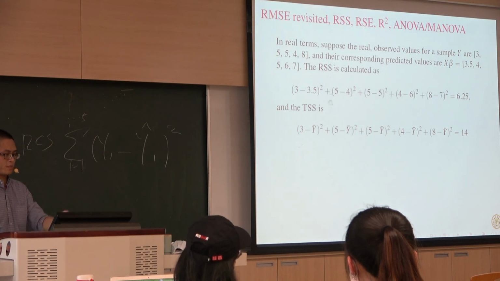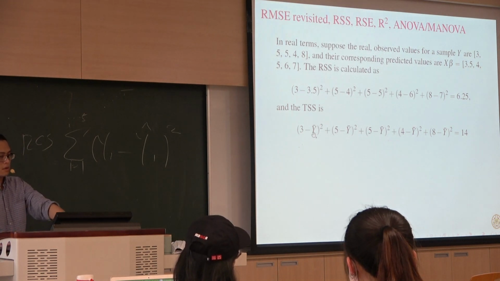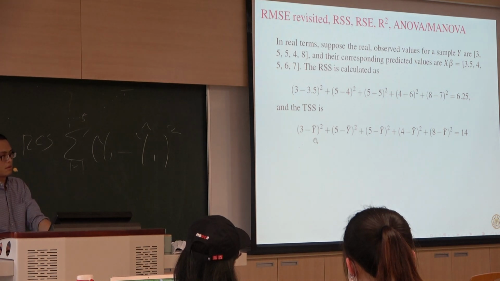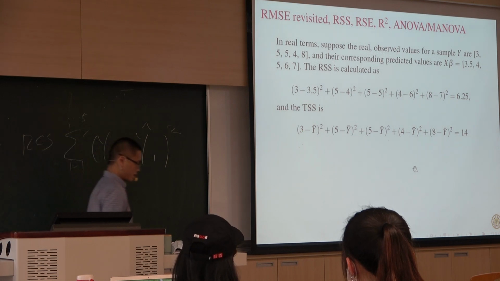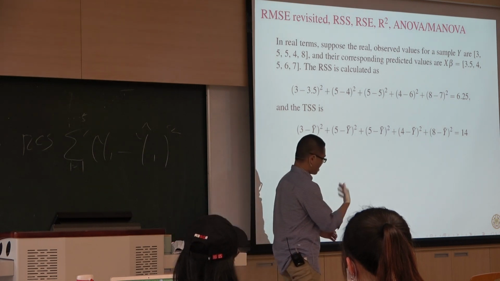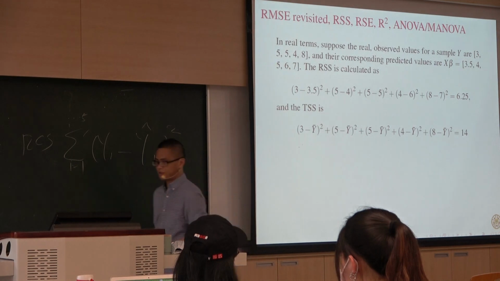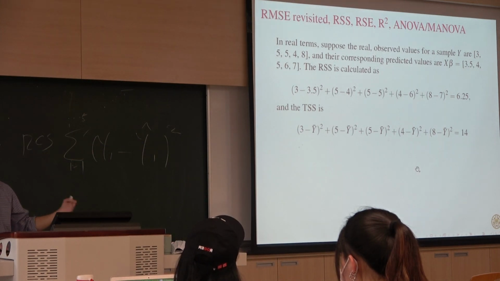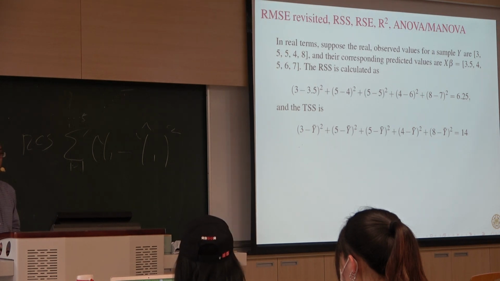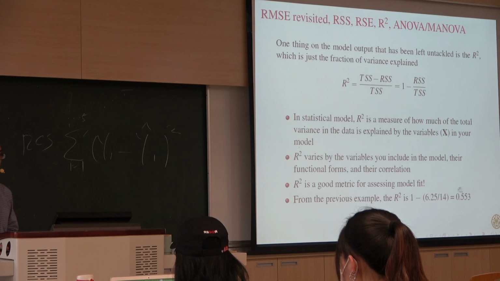So you can just substitute 5 into y bar, and then you would get this. Right. So now I have all the relevant statistics I need to calculate all those previous distribution statistics. I have RSS, TSS, so the MSS can be easily derived.